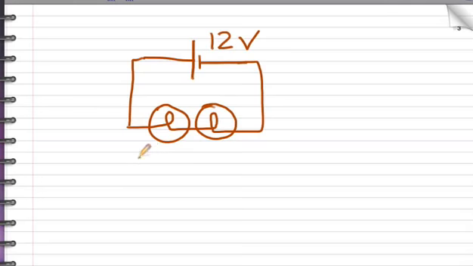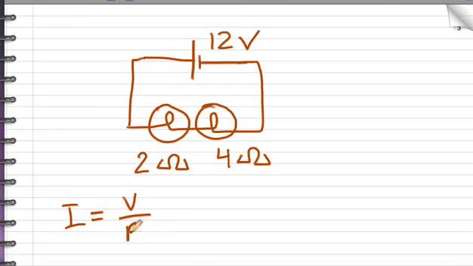This one has a resistance of 2 ohms, and this one has a resistance of 4 ohms. We can use Ohm's law to calculate the current. Current equals voltage divided by resistance. 12 divided by total resistance 6 gives me 2 amps of current.